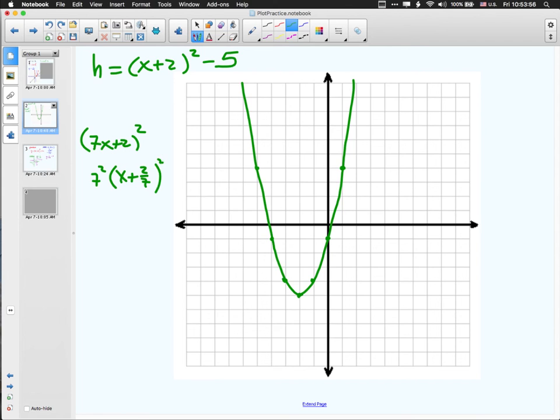Yuck. But that's what we'd have to do because the vertex is going to be at negative 2/7. It's not going to be at negative 2. But we're not going to deal with those, not for now. No coefficients in front of the x part for now. I'm going to get the basics of graphing done before we do that.